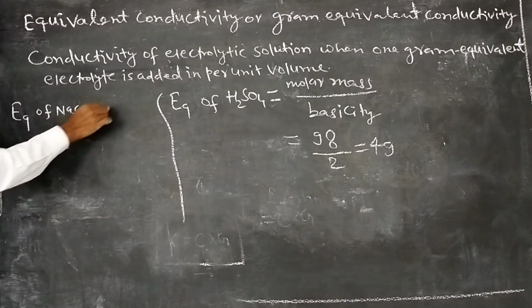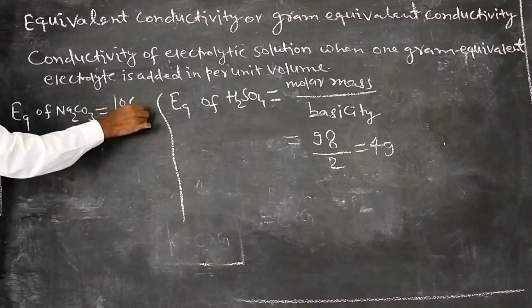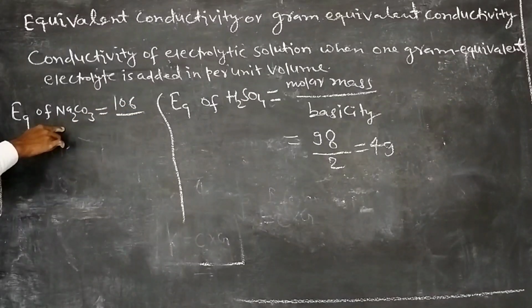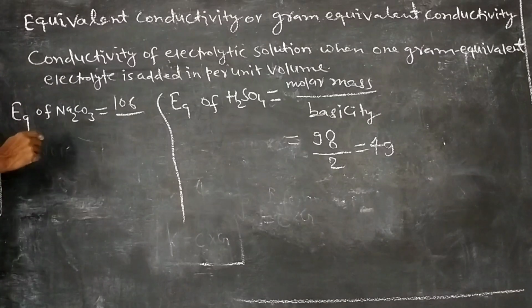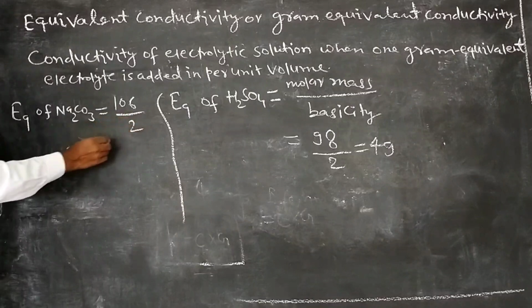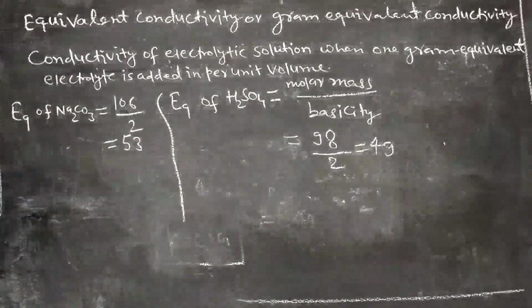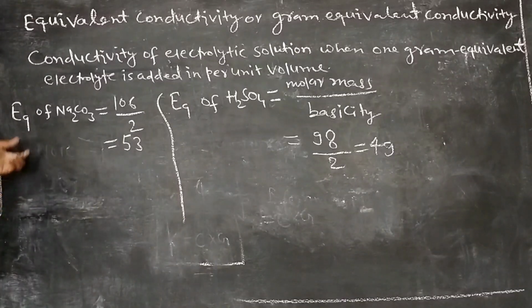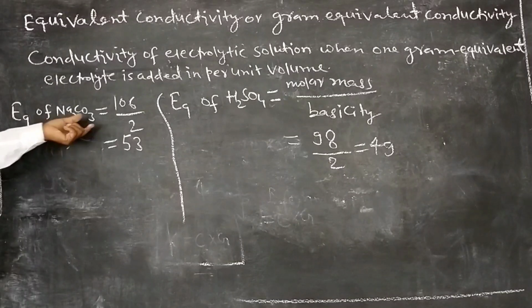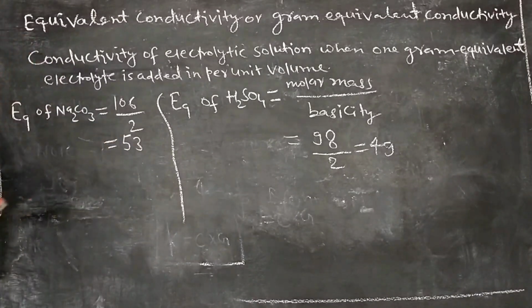Molar mass of sodium carbonate is 106 and the number of positive charge: there are 2 sodium in sodium carbonate and each sodium has 1 positive charge. The total positive charge for both sodium will be 2. So it will be equal to 53. It means 1 gram equivalent sodium carbonate means 53 grams sodium carbonate.